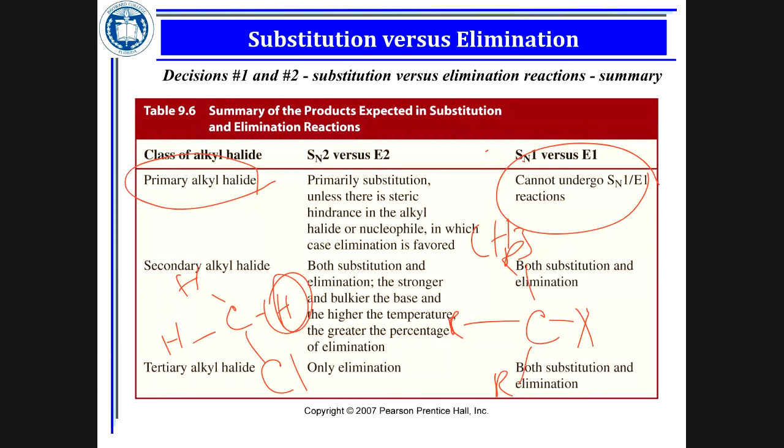So it's very similar. For E1, like Sn1, the carbocation forms first, and then hydrogen is abstracted from the adjacent carbon. Anytime you have a carbocation as an intermediate, there is a chance of rearrangement.